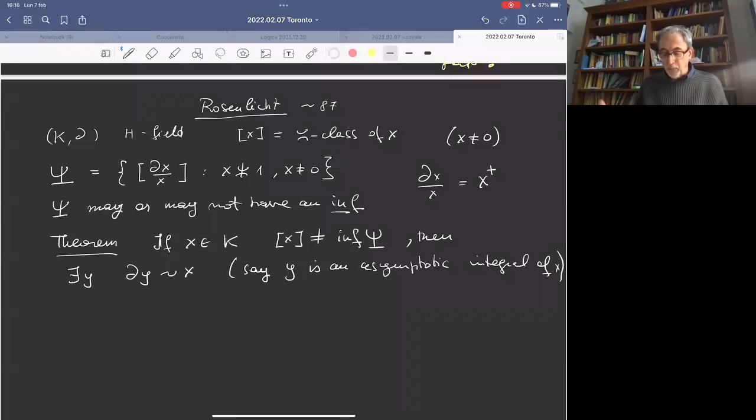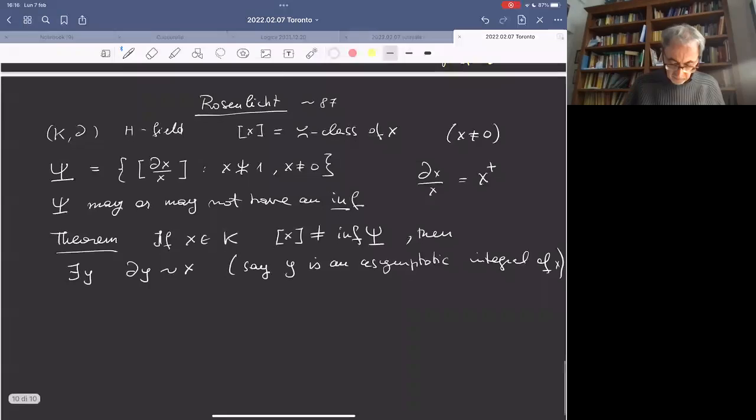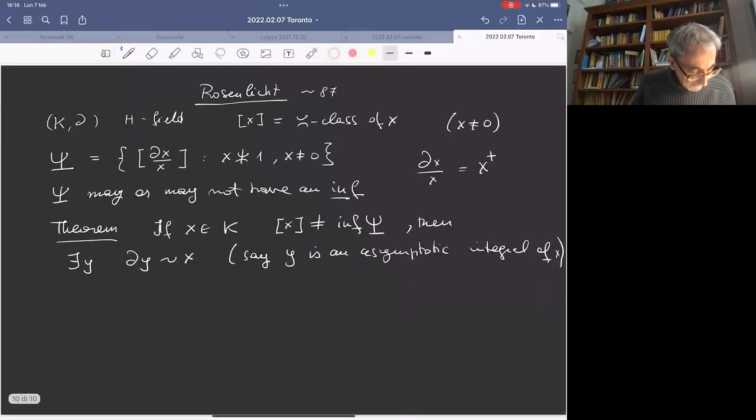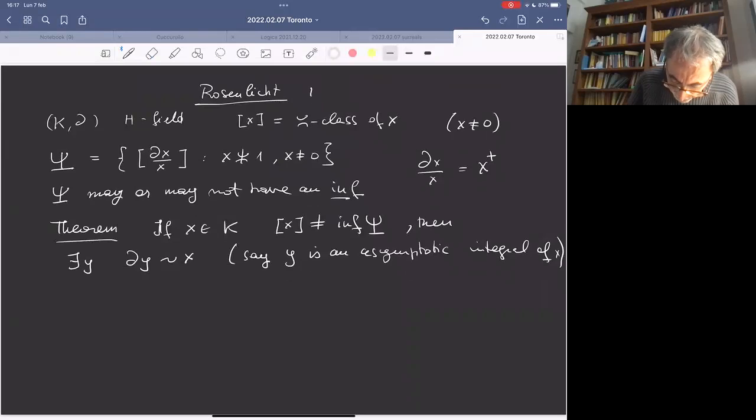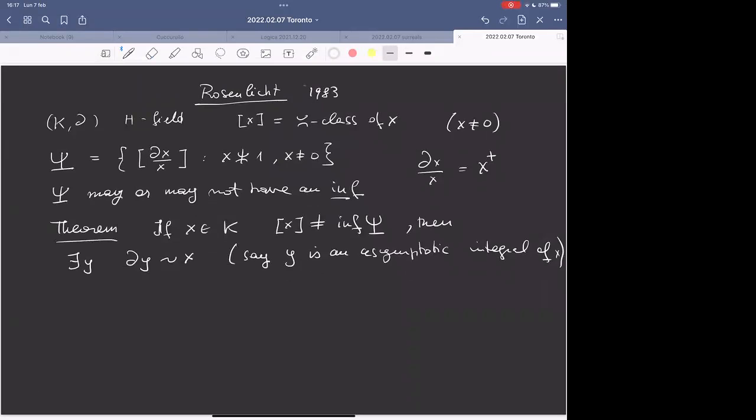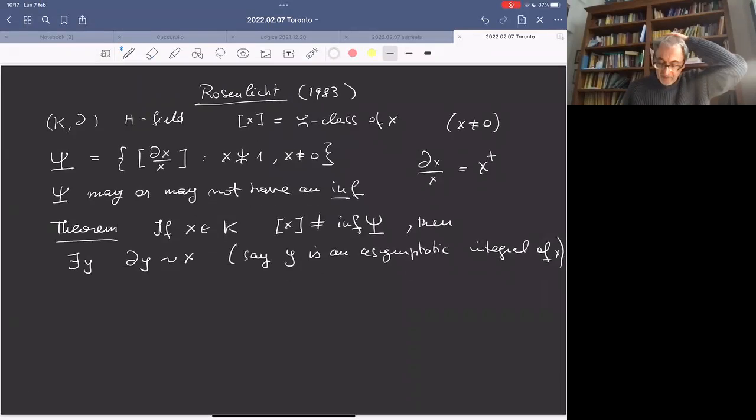There is a formula that you can write, but it's not important for this talk, and you may look it up. About the reference, Alessandro, I think it's the 83 paper, as you said. It's done for Hardy fields, but the proof is very algebraic, so it can be extended to H fields.